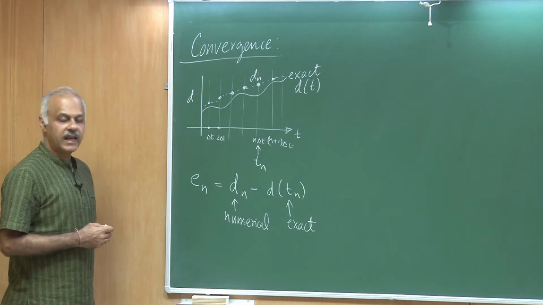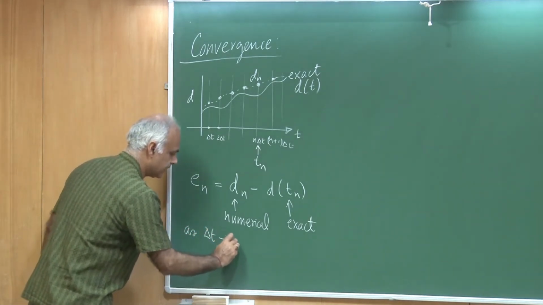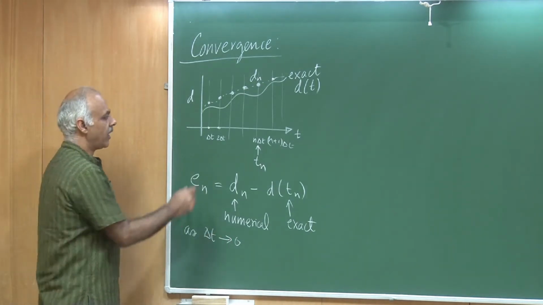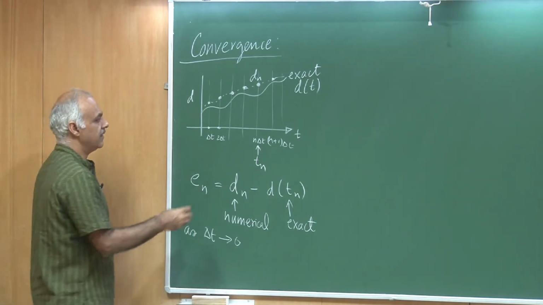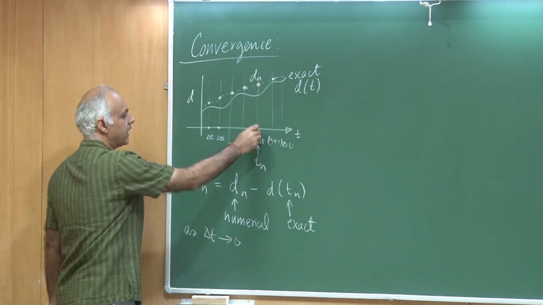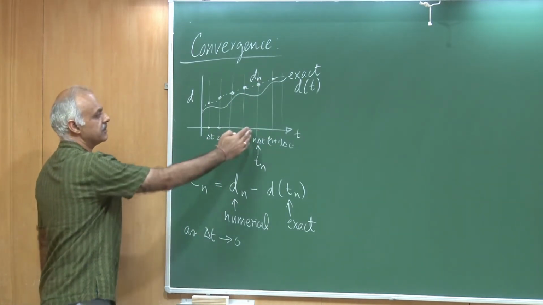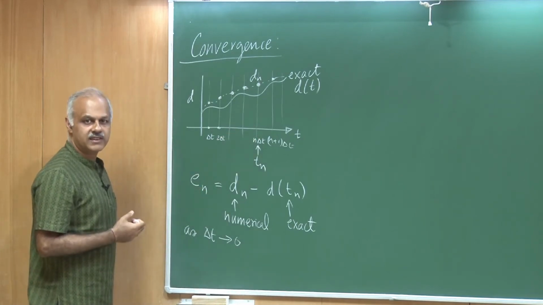What ideally I would like is that as delta t goes to 0, so I start taking a smaller time step and do the integration. Suppose I focus on a solution at time level t n, I would take more time steps to reach this point if I was to take a smaller size of the time step.